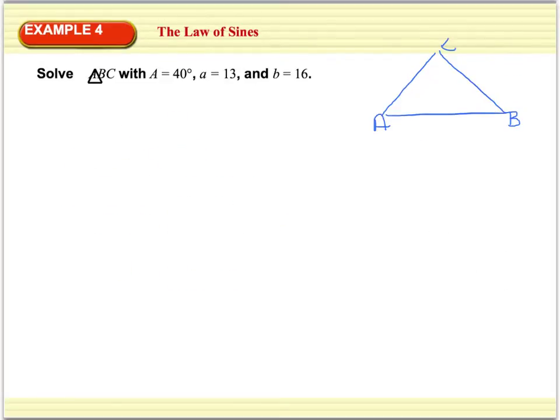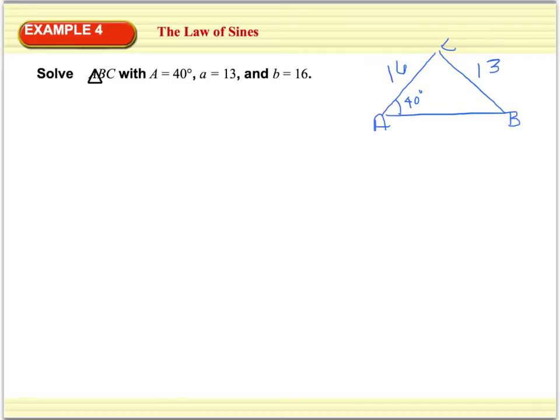Now for example 4, we have to solve triangle ABC with angle A at 40 degrees, side length A at 13, and side length B at 16. So again, I have two sides and an angle. I'm going to set my triangle up.